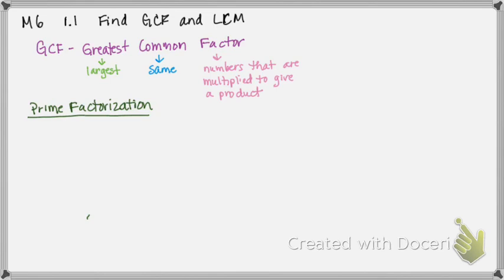We're going to take our two numbers, let's do orange, 24 and 36. So what I'm going to do is deal with one number at a time, and I'm going to branch numbers out from it.